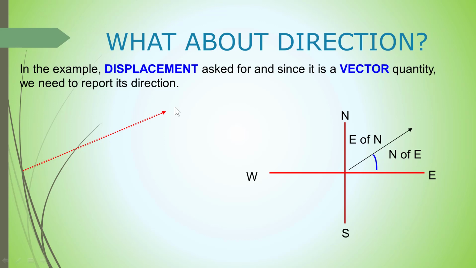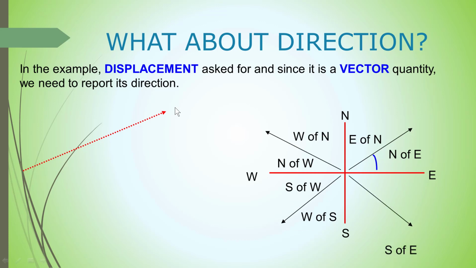You can see there is a difference between north of east and east of north. This direction is south of west, this is west of south, north of west, west of north, south of east and east of south. Now from these directions you can see what the direction of this given vector is.